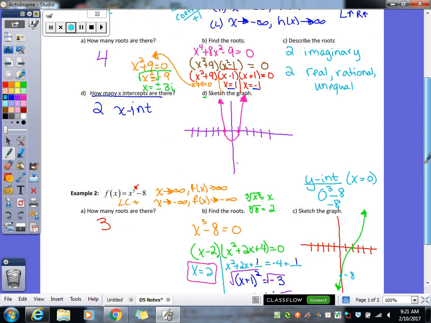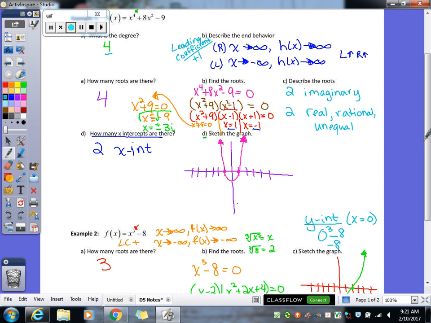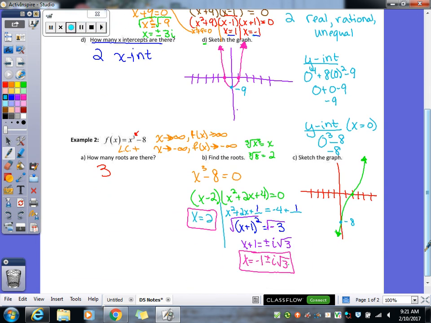If we did that for the first one up here, found my y-intercept, it'd be 0 to the 4th plus 8 times 0 squared minus 9. So we'd get 0 plus 0 minus 9. So this would be at negative 9. So this should cross at negative 9. That's just one thing you could do to make your graph a little bit more accurate.